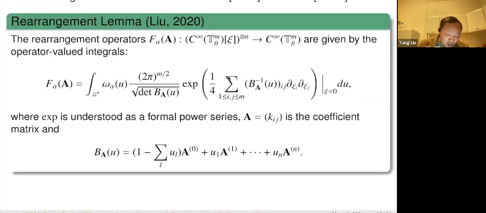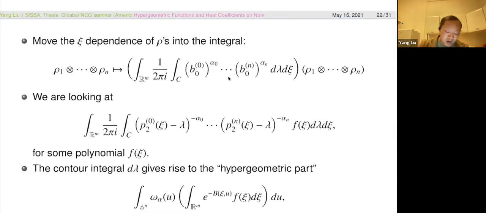I think the notation will become much more clear if I briefly outline how to compute this integral. This here is the definition of this rearrangement operator, F sub alpha, and I want to compute this integral.